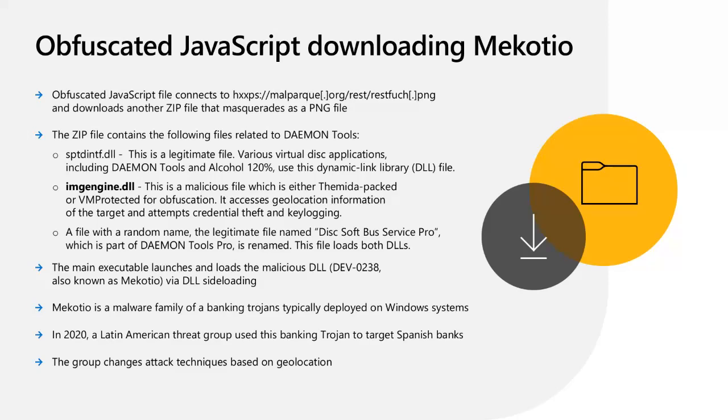As Bhupesh already mentioned, we track this group as dev238 internally, and Mekotio we have seen targeting Windows systems specifically. It is seen to target Spanish banks. But as we go ahead in the coming slides, we would see that it's trying to impact various other geolocations.